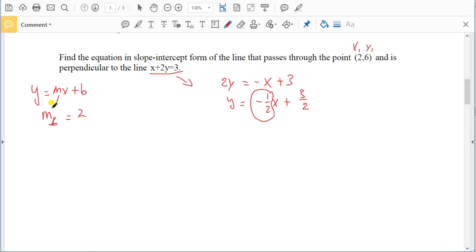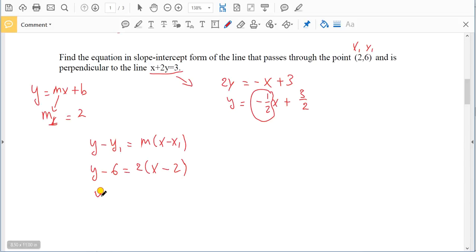So now the slope we have is 2, and the next thing is we need to use the point-slope formula, y minus y1 equals m times x minus x1. We have y1 and x1 here, so I plug in y1 to be 6, m is the one we just found, 2, and x1 is also 2.